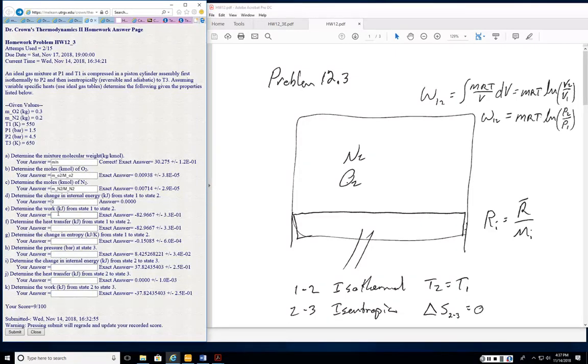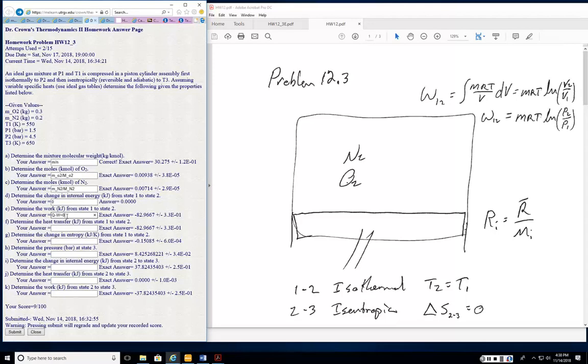The work from state 1 to 2, since Q minus W equals delta U, and since I found that delta U equals 0 from the previous step, then I need to use another equation for that.